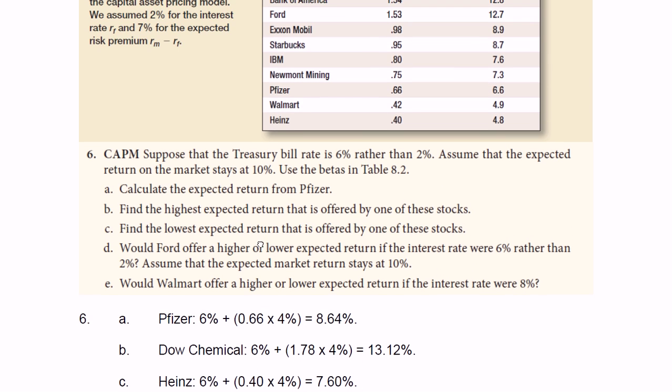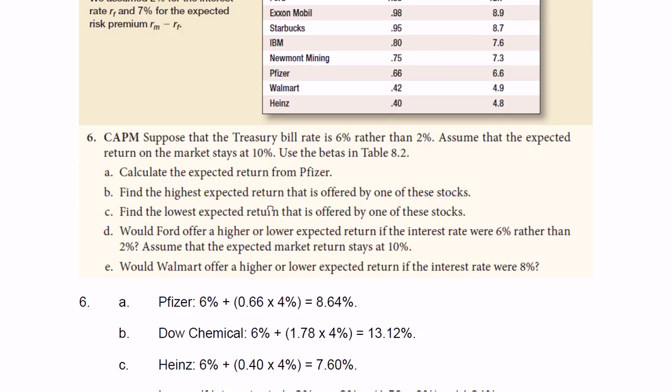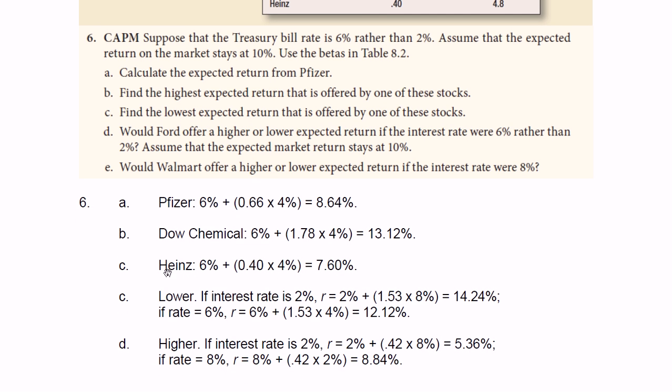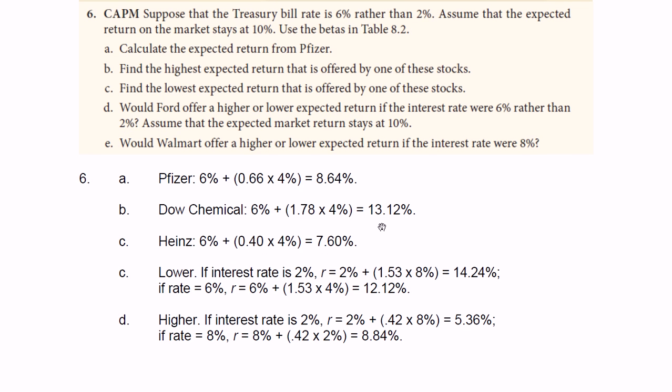If we calculate for all the companies, we will find the highest expected return is offered by Dow Chemical, and the lowest expected return is provided by Heinz, which are respectively 13% and 7.6%.